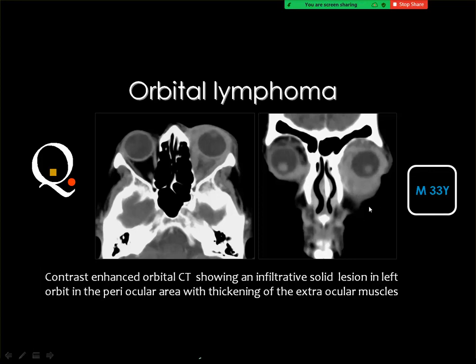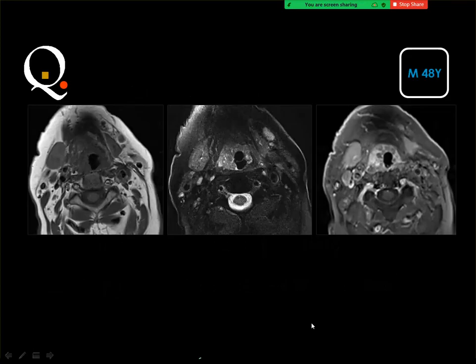Actually, many cases of pseudotumor may simulate this, and you can differentiate between both using the clinical data of redness and inflammatory signs in cases of orbital pseudotumor.